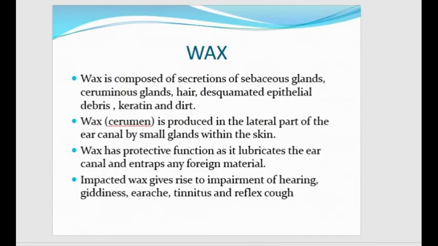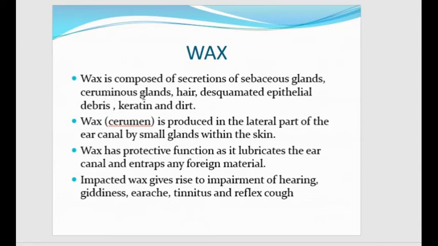Now, wax is composed of secretions of sebaceous glands, ceruminous glands, hair, desquamated epithelial debris, keratin and dirt. This is the composition of the wax. So it is the product of these modified sebaceous glands, meaning the sebaceous glands modify the sweat glands, which are the ceruminous glands.